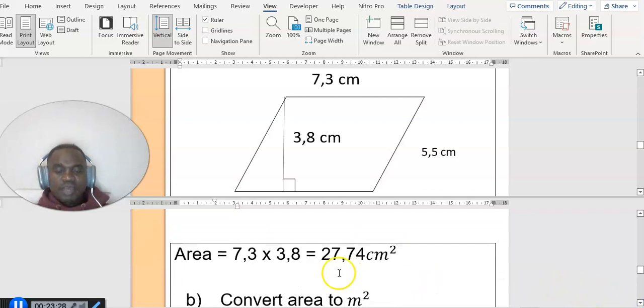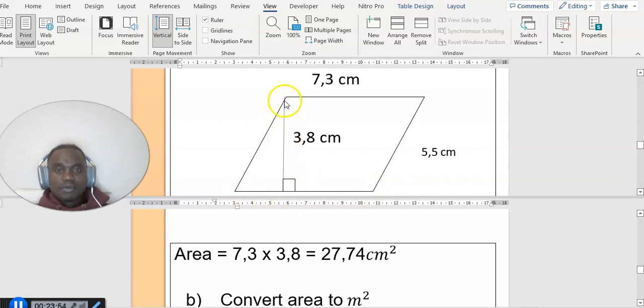Then we want to find the area. The area is the base, because if here is 7,3, this side is 7,3, so the base is this one because the 90 degrees falls on it. So the base side, which is 7,3, times the height, this is perpendicular to the base, so this is the height.